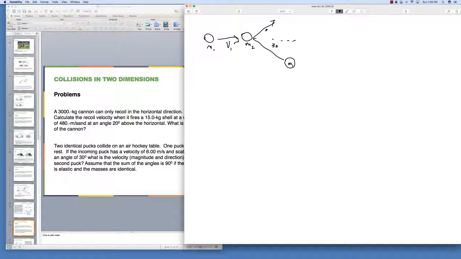And so what that means is that M1 V1, which is the X component before the striking, is equal to M1 V1 prime cosine 30 degrees plus M2 V2 prime cosine 60 degrees. And M1 V1 prime sine 30 degrees, the Y component of that, has to equal M2 V2 prime sine 60 degrees.